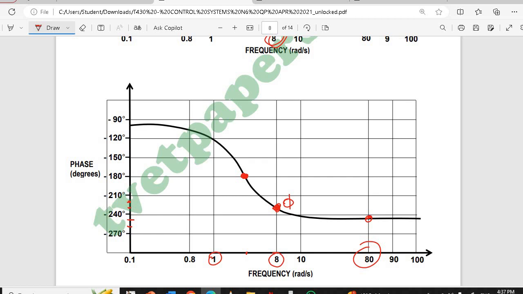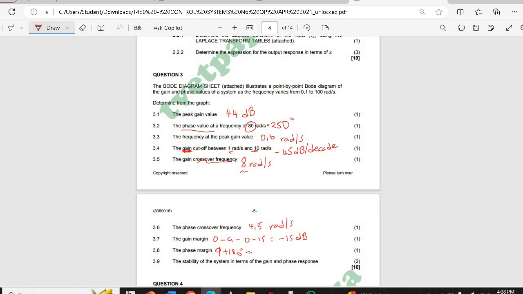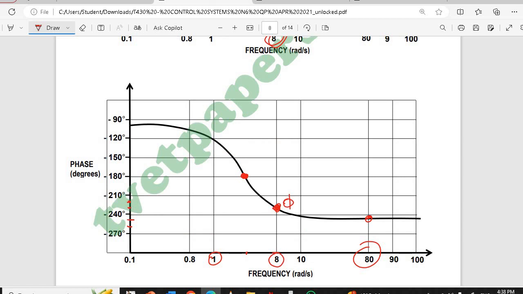So it looks like it's 230. I think we might have made mistakes somewhere with the 250. Oh yeah, no, 250 is fine. Okay, so for this one here, we said we can say 230.